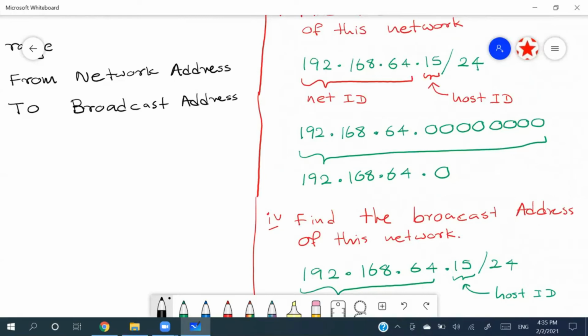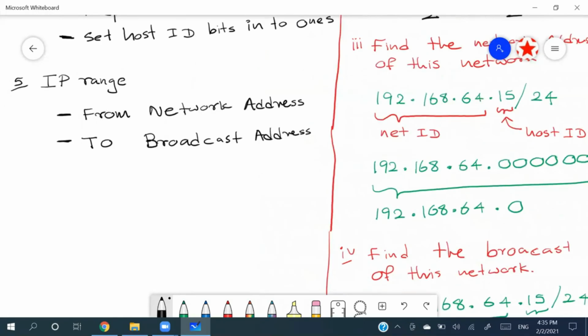And if you ask about the usable IP range, the term usable IP range comes into play when we need to assign the IP addresses to devices. Usable means the range that can be given to devices. What we talked about just now was the whole IP range that can be taken in this network.